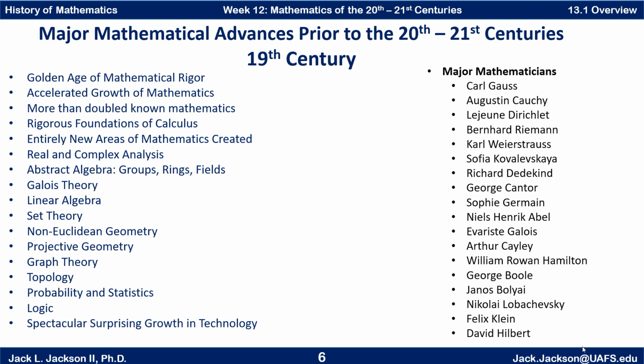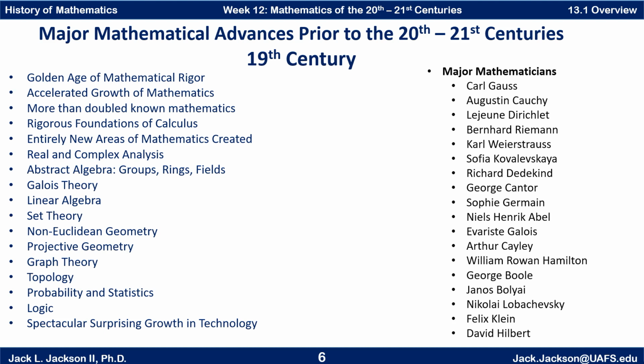Some of the major mathematicians: Carl Gauss did a lot of his best work during the 19th century. Cauchy was another giant, probably in some ways the most influential of the bunch. Dirichlet, Riemann, Weierstrass, Kovalevsky, Dedekind, Cantor, Germain, Abel, Galois, Cayley, Hamilton, Boole, Bolyai, Lobachevsky, Klein, and Hilbert are some of the ones that we mentioned in our videos before, talking about mathematicians of the 19th century.